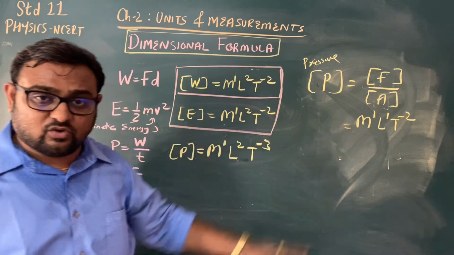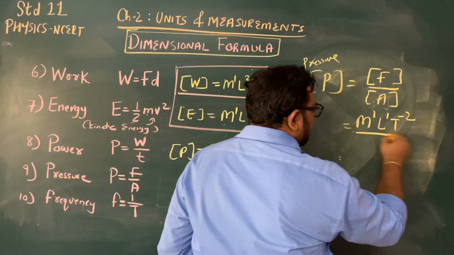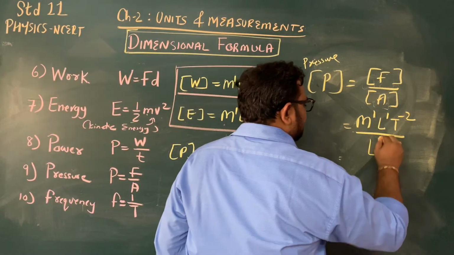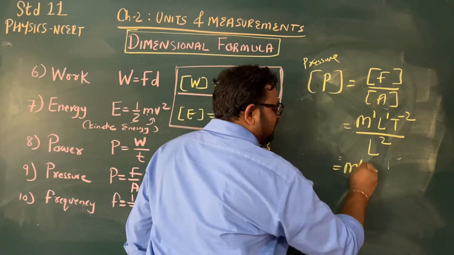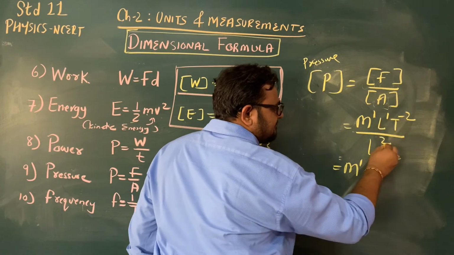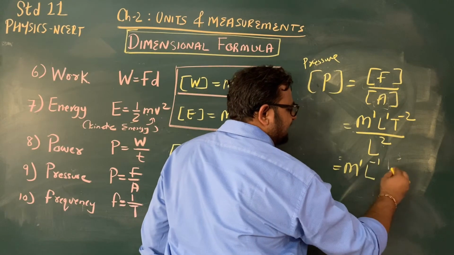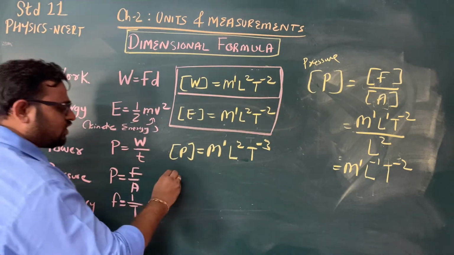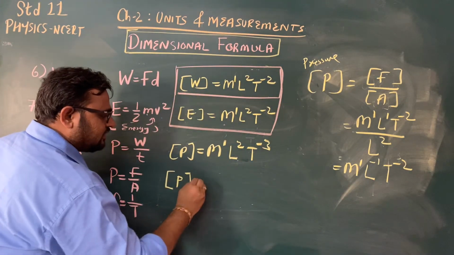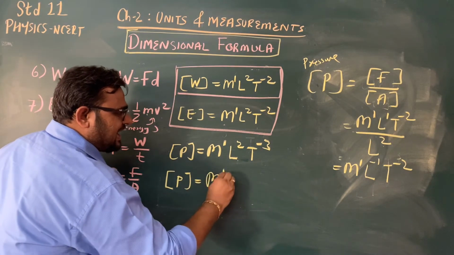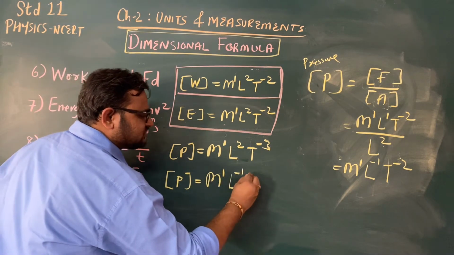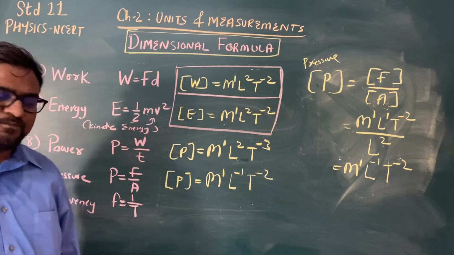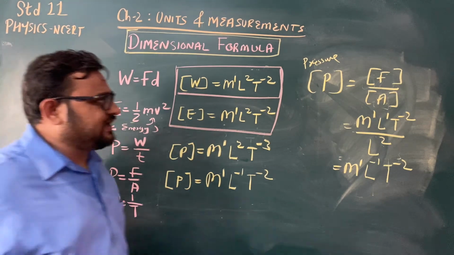But I prefer you must remember it. Area means length into length, L square. So M1 L (1 minus 2), it's minus 1, T minus 2. So the dimensional formula for pressure is M1 L minus 1 T minus 2. Clear?